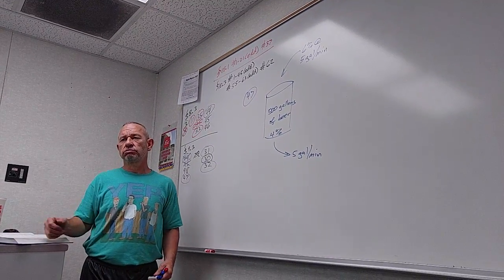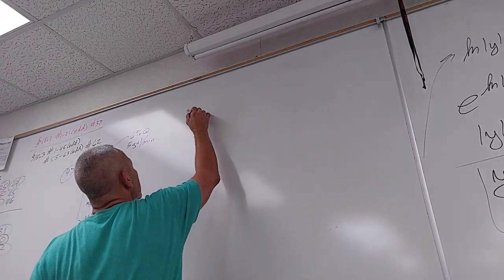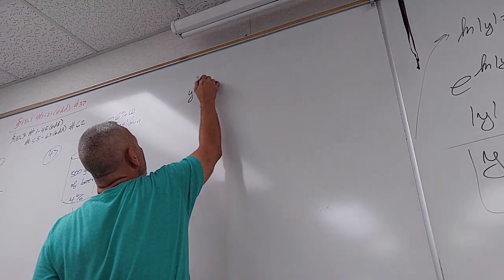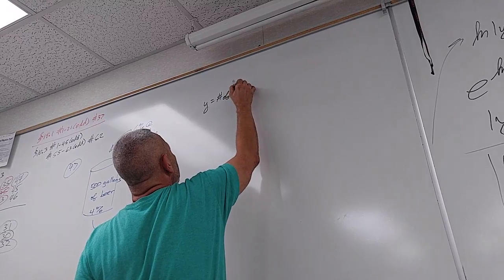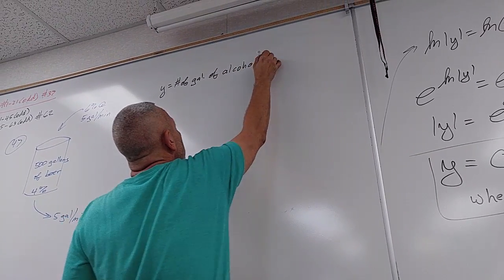So what's that differential equation we're going to write? Going to do something like let y equal the number of gallons of alcohol at time t.